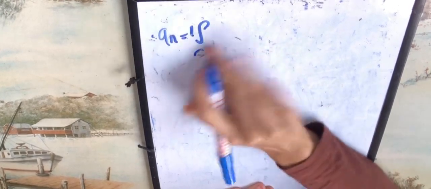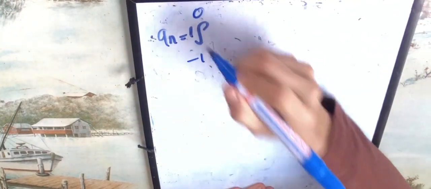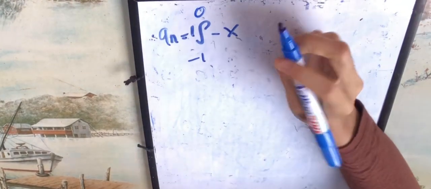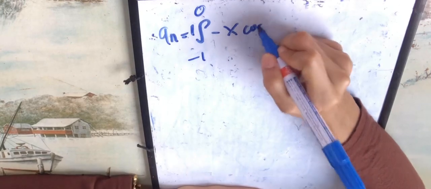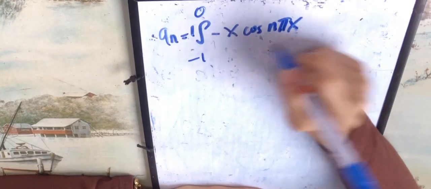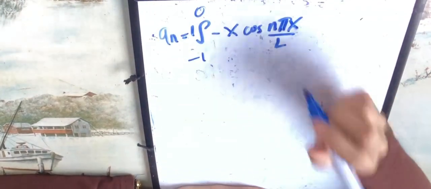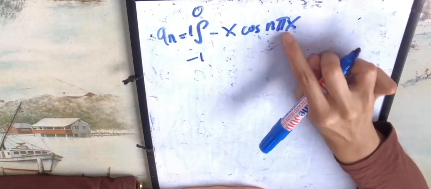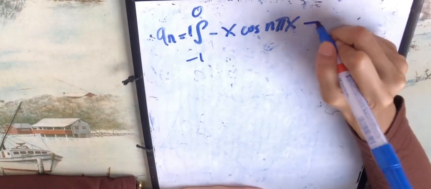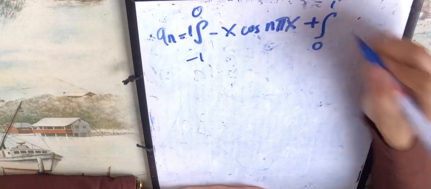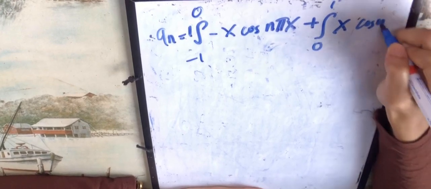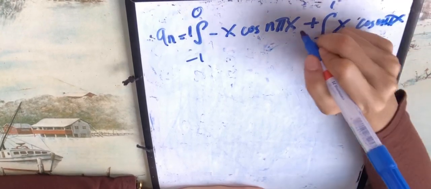Start from negative 1 to 0. The function is negative x, but you have extra, right? You have cos(n pi x over L), where L is 1. I did not write it. Plus from 0 to 1, positive x cos(n pi x) with respect to dx.